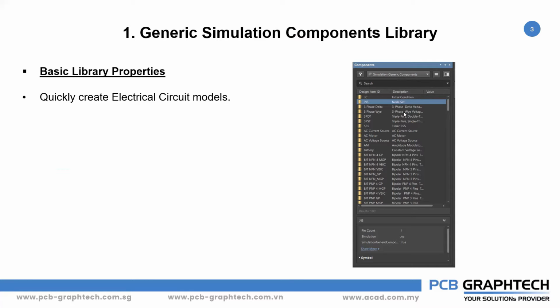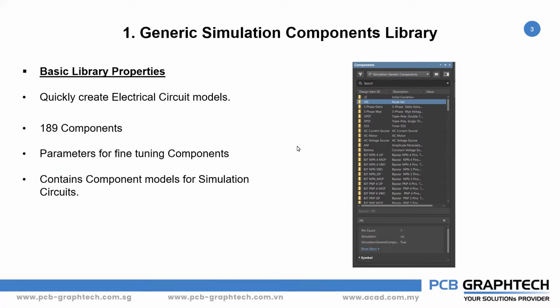When you see here, you can get the models for your circuit, and then you can use these models to construct a simulation circuit, and then you can do the various analyses. Totally we have 189 components under these generic components. We also have the fine tuning parameters.